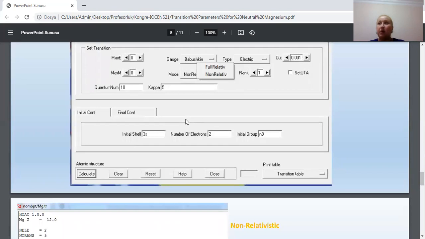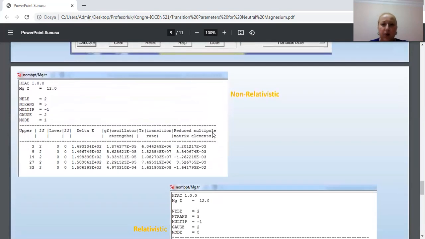Theoretically we can find all possible lines, and the experimentalists find their results, and then we can compare again, okay? For the non-relativistic method, we found the oscillator strengths, transition rates, and reduced multipole matrix elements.